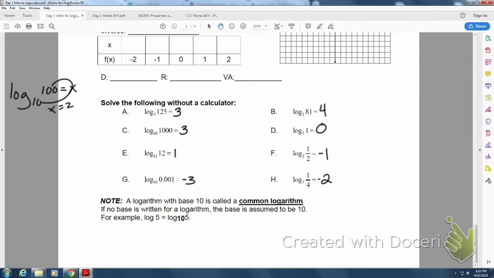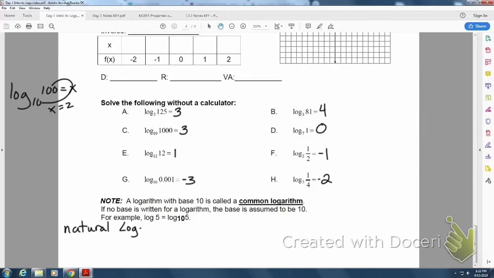Something else that you're going to see on the homework that was not referenced in the notes, so you'll need to write this in down here, is called natural log. If you remember, when we talked about exponentials, the one weird thing in that whole unit was the e.